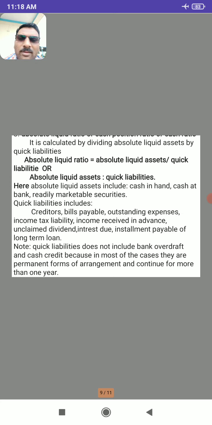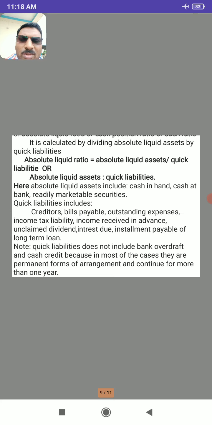In the last ratio we have seen how to calculate the quick liabilities, so we only have to know what absolute liquid assets are. The absolute liquid ratio is calculated using the formula absolute liquid assets divided by quick liabilities, or absolute liquid assets is to quick liabilities. Absolute liquid assets include cash in hand, cash at bank, and readily marketable securities.